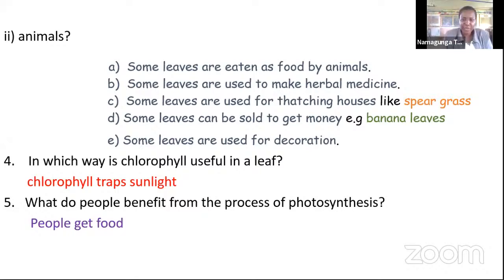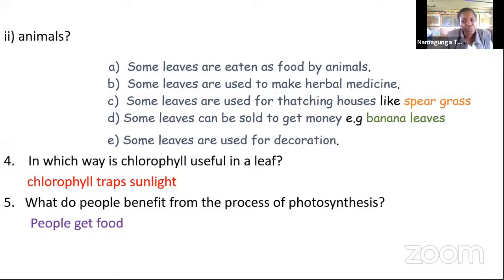Yes, it can also be used. We just get them, we boil, and then we can make the local herbs out of it, which cures cough and so on. Then we have some leaves are used for thatching houses.